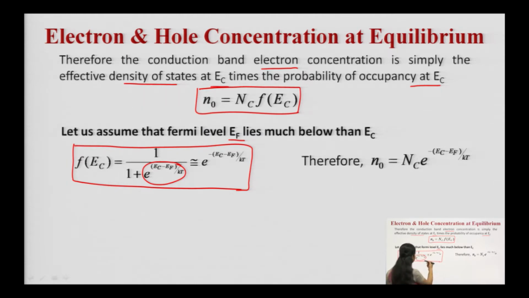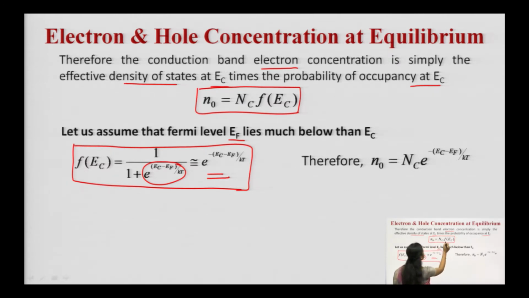So, now what would be this term? This is 1 upon the exponential of this term, or you can write it as e raised to the power minus (EC minus EF) upon kT, because earlier the term was 1 upon this, and now you have taken it into the numerator. It means what is n naught?